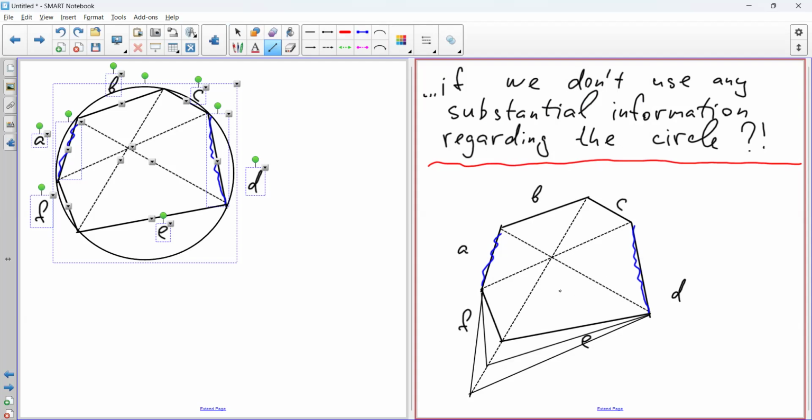We will still have the hexagon. We will still have the intersecting main diagonals. But we'll also have different positions of this vertex. That means that we will have different lengths of the segments.